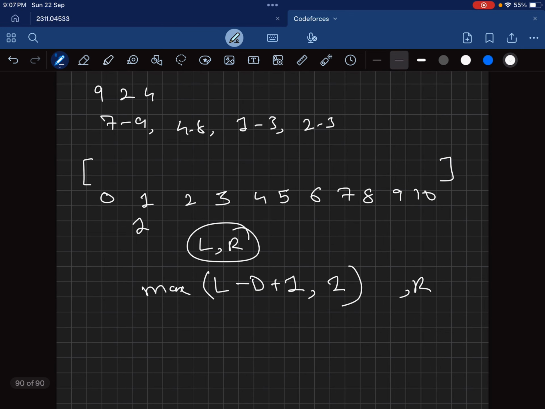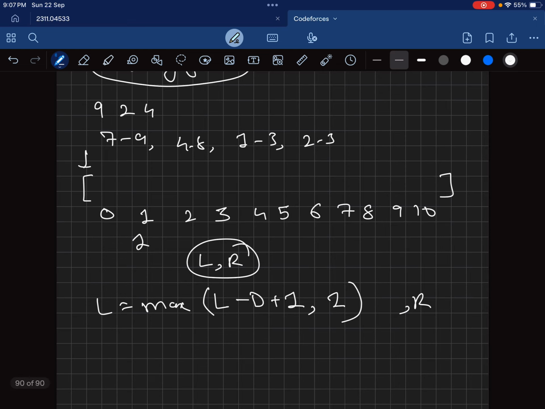For every interval, we replace L with this, and in the array that we constructed earlier, for every L of an interval, we increase the quantity at L by 1.